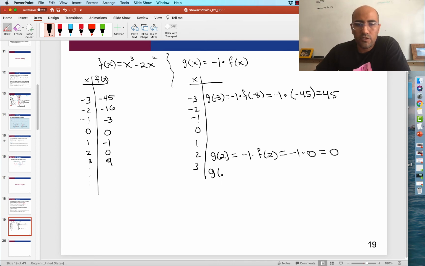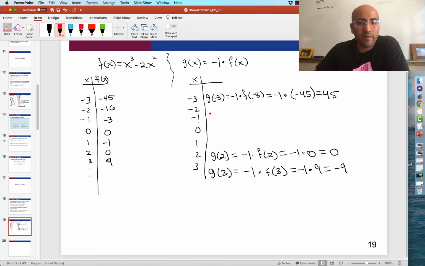At 3, g of 3 is equal to -1 times f of 3, which equals -1 times 9, which equals -9. I don't think it takes long to realize that what's happening here is that we're always going to take the output from the original function and multiply by -1, which means we're going to get the opposite sign.